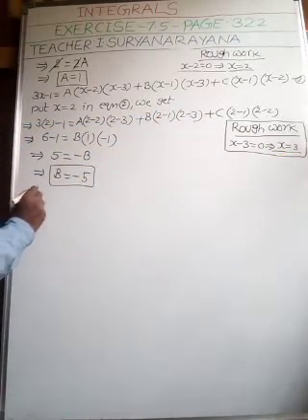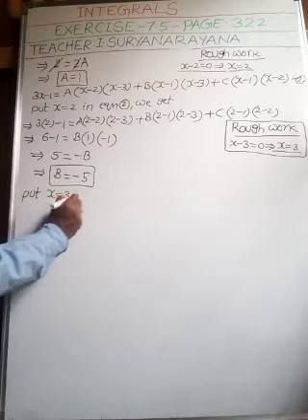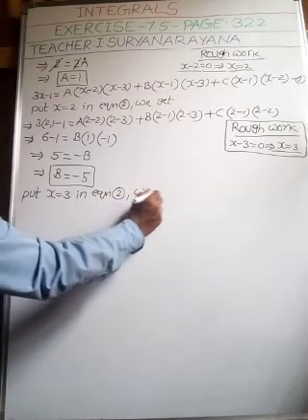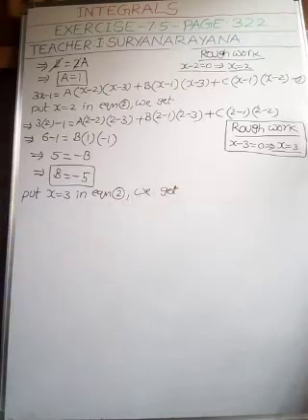Okay, my children? Put x is equal to 3 in the equation 2, then we get, in this equation 2, we substitute x is equal to 3. Then what will you get?